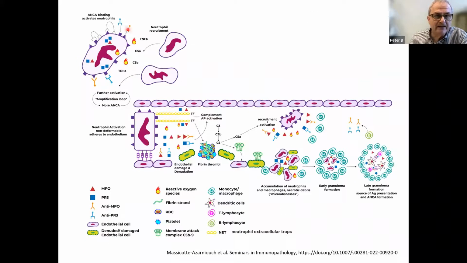And with this recruitment of new neutrophils, you have also the attack on the endothelium, and these neutrophils form what are called neutrophil extracellular traps. And we have complement activation in several steps, and the inflammation and the vasculitis progress. And late you have granuloma formation, at least in granulomatous polyangiitis.